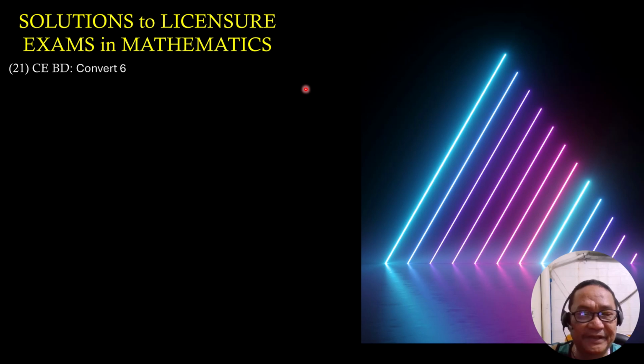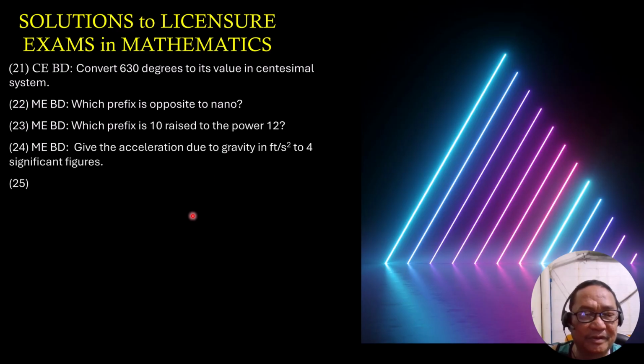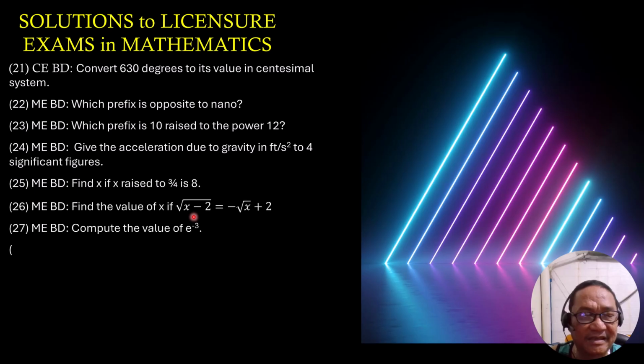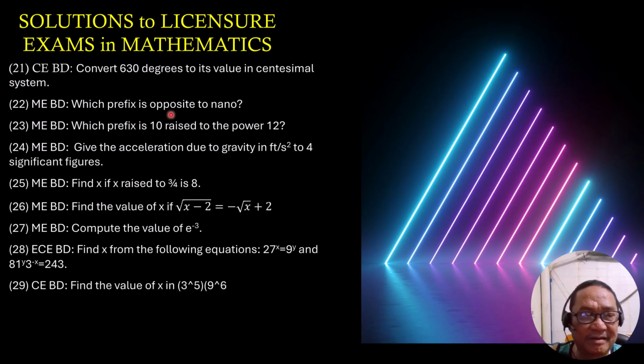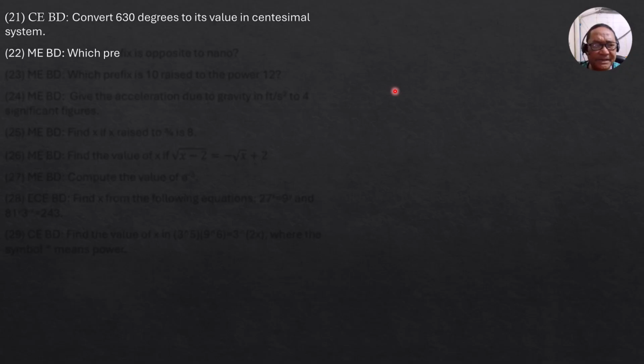So in this video, there are problems here, maybe 21 up to 28. And let's solve this one by one as we move on. So here are the different problems.